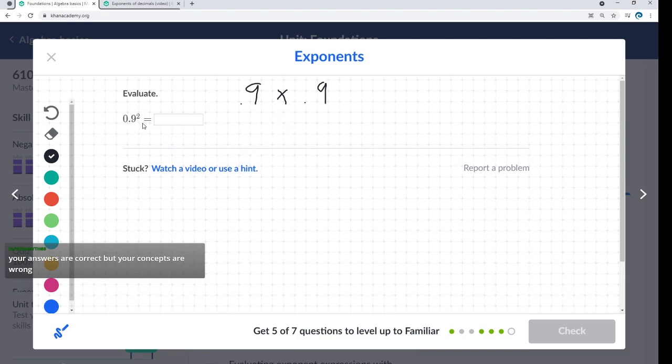Which is 9 times 9 is 81. Is 9 times 9 81? 9 times 9 has got to be 81. 9 times 9 is 81. Okay, I got something right. Yeah, I don't know. I don't know how I'm getting the right answers and explaining this totally wrong.